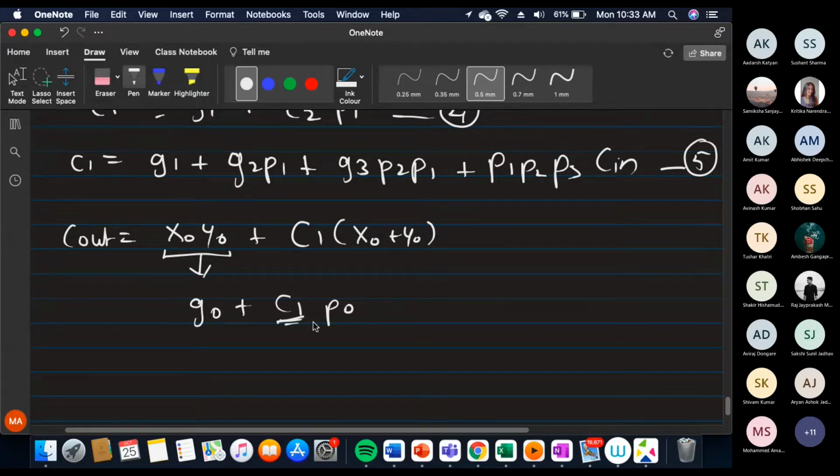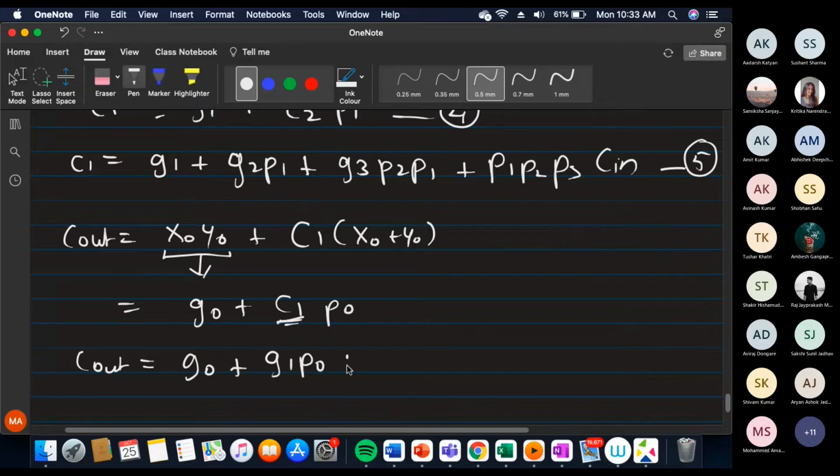Now substitute the value of C1 from equation number 4 and get the new one. So C out will be equal to G0 plus the first term with P0, so G1 P0. The second term with P0, so G2 P0 P1.